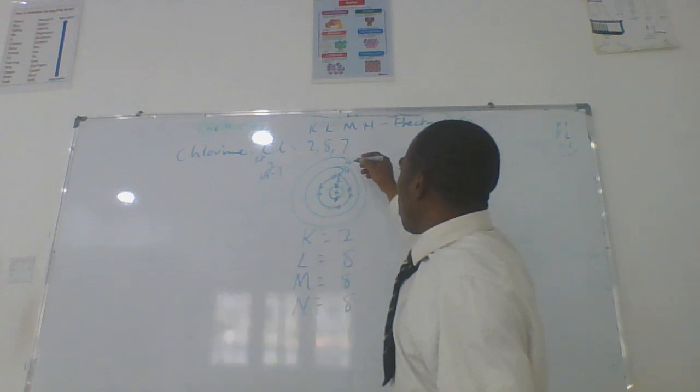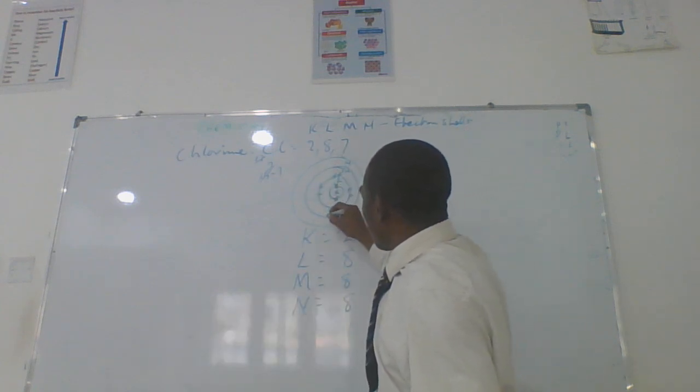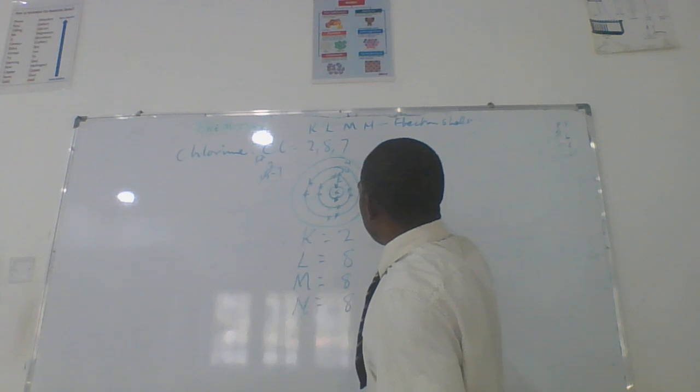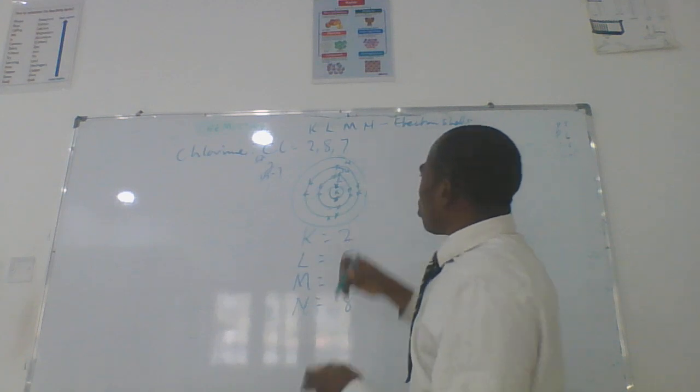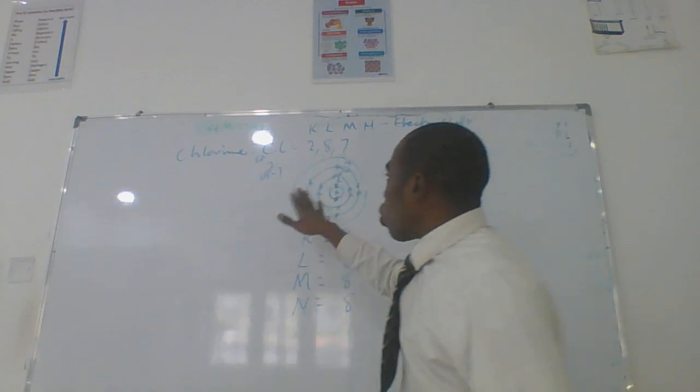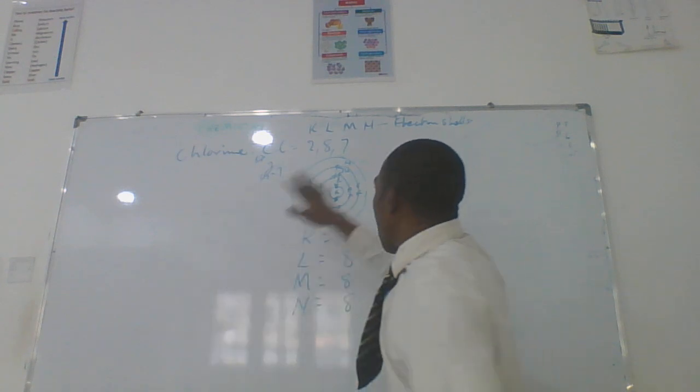So the 7 electrons now come here. I start 1, 2, 3, 4, 5, 6, and 7. Now you notice that the last shell has nothing in it. So to avoid confusion, I remove it.